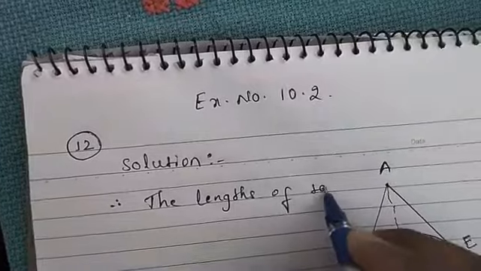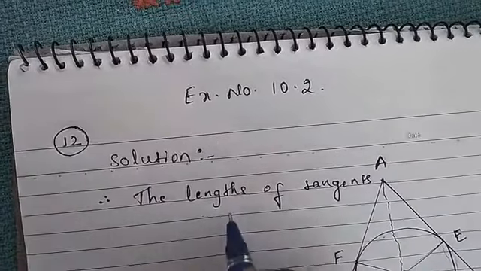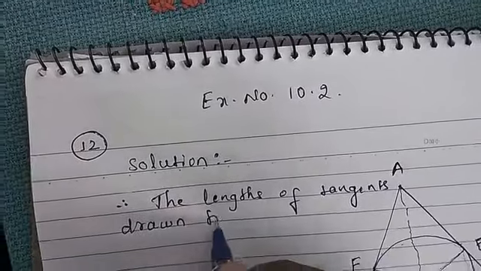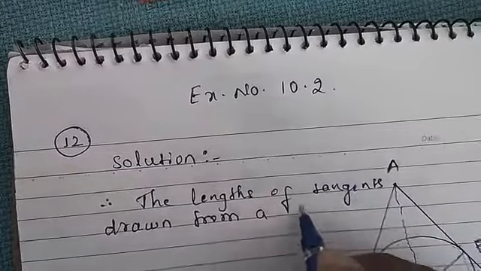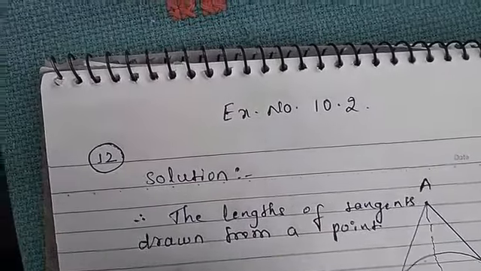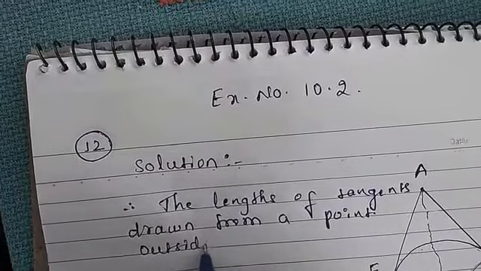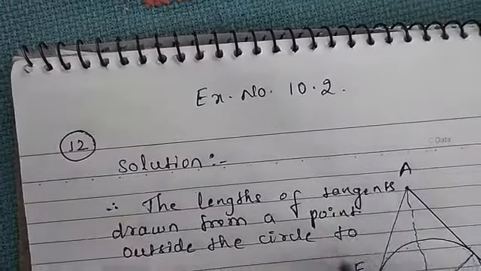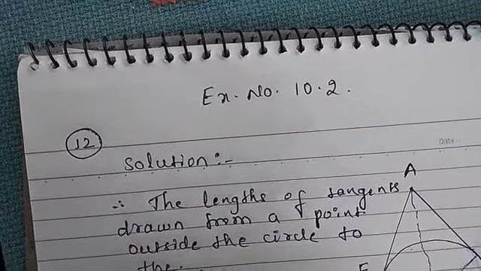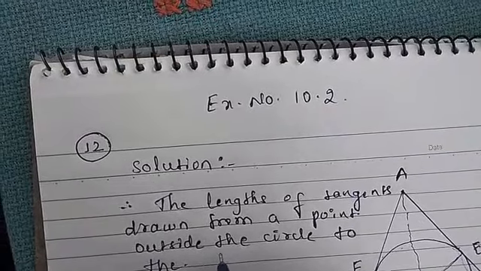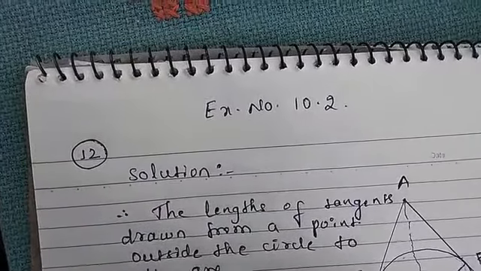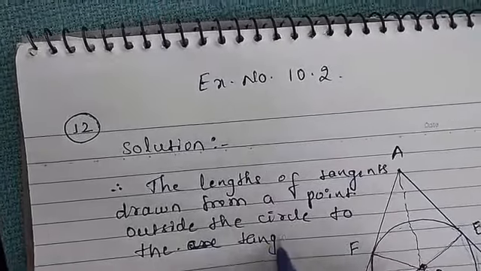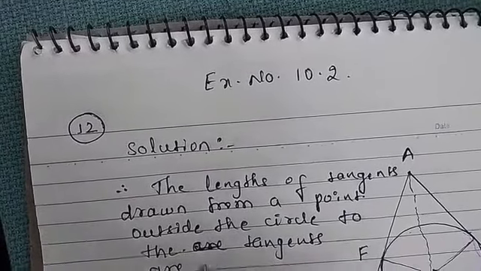The lengths of tangents drawn from a point outside the circle to the circle are equal.